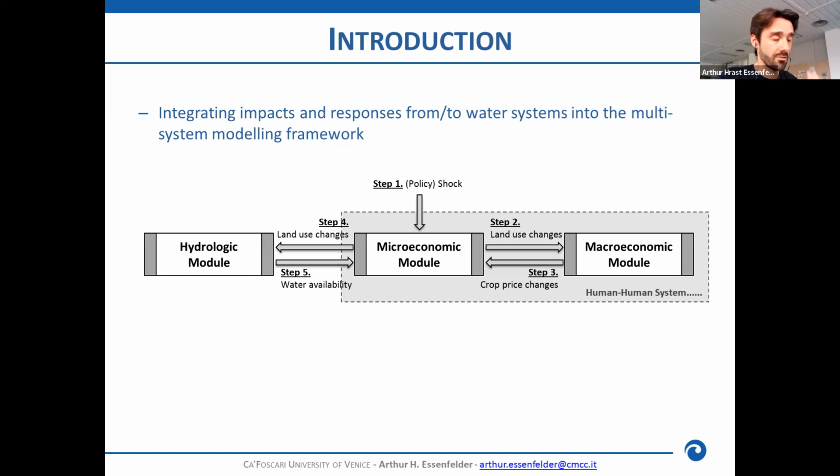This in turn can lead to a different water availability for this farmer himself, or even for farmers that are located downstream. This is a feedback that comes and feeds again the macroeconomic model.